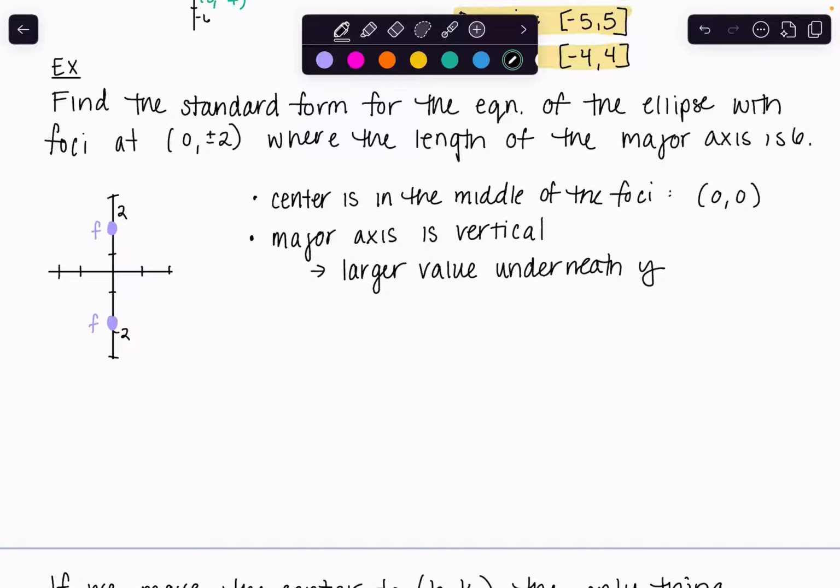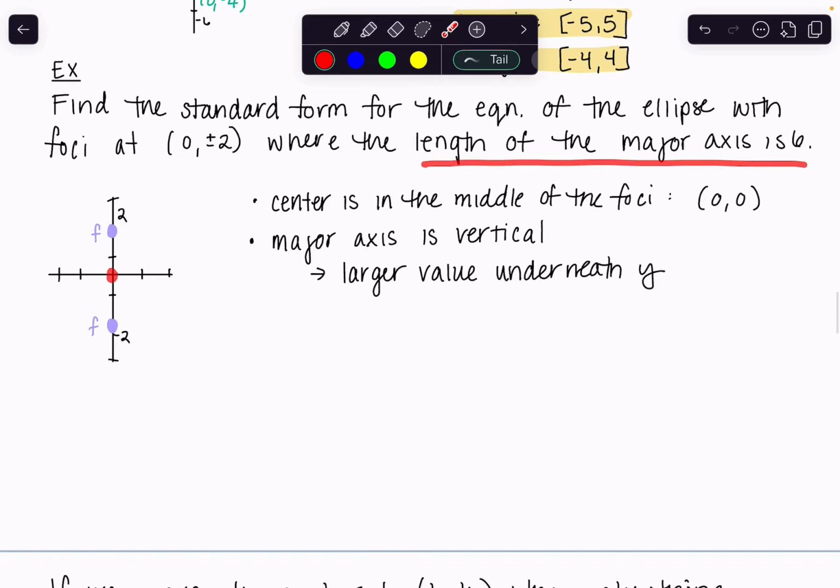Then I also know that the length of my major axis is 6. So starting from that center point, I need to go out a distance of 3. So one end will be here, the other end will be here.